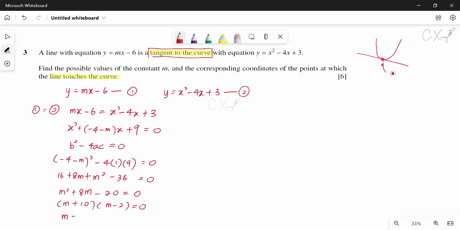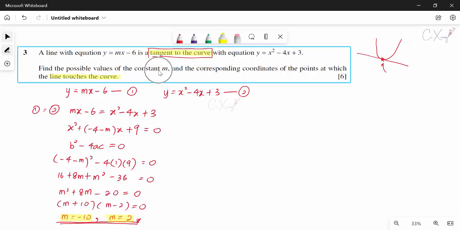Then m equals to negative 10, and also m equals to 2. Alright, so this will be the values of m that we have, okay, when the line is actually a tangent to the curve. Okay, so we already find the constant m values.